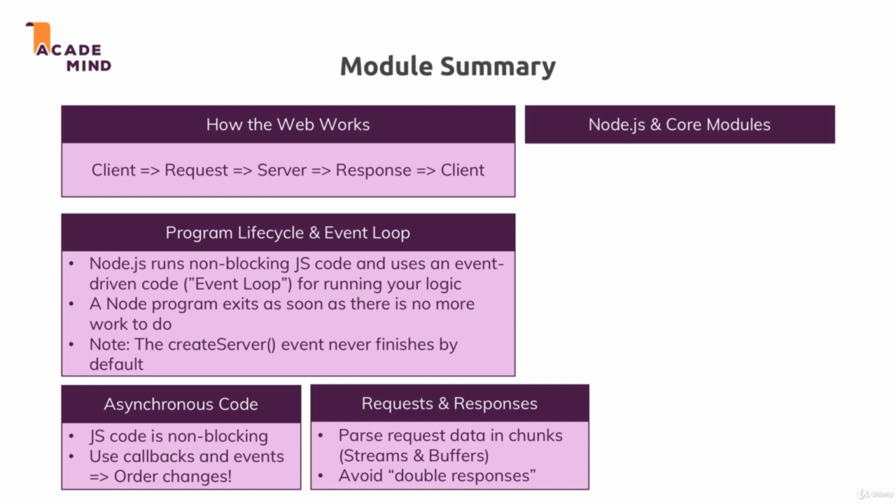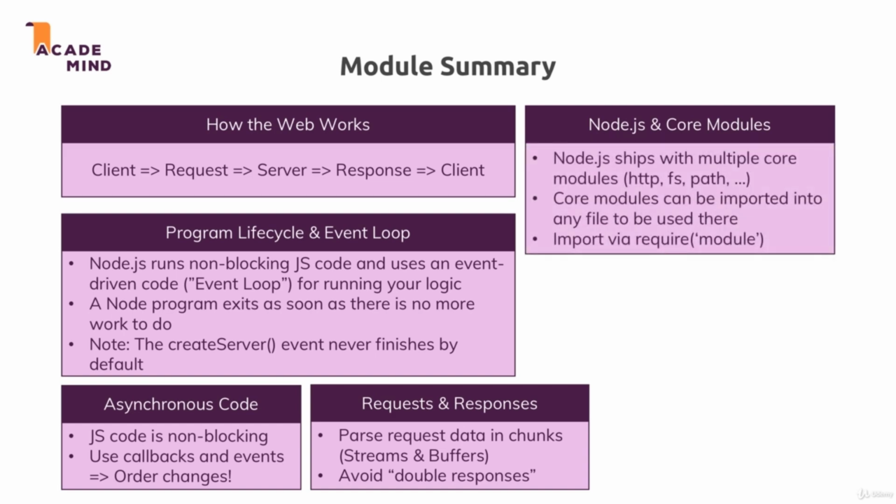We also learned that Node.js is all about using its built-in functionalities. Whilst there are some global variables, objects or functions we can use, this also means that we should use its core modules. Core modules are things like the HTTP, the FS, or the path module. There are more, and you can learn all about them in the official Node.js docs, of course. We'll also use quite a lot of them throughout this course.